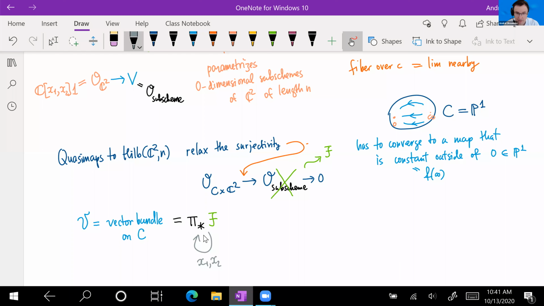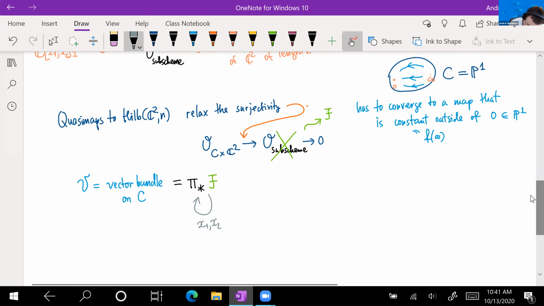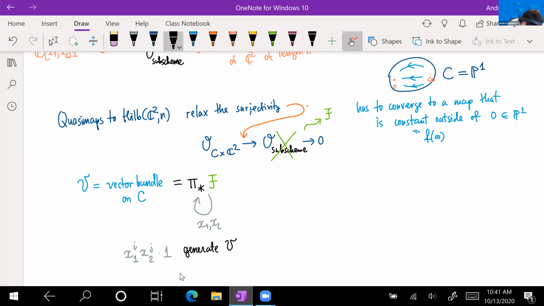So this wants to be a vector bundle, and we would like these: if I take the powers of these operators and apply them to, so to speak, one, that's the image of my framing map, this means they generate my V, except at finitely many max points.